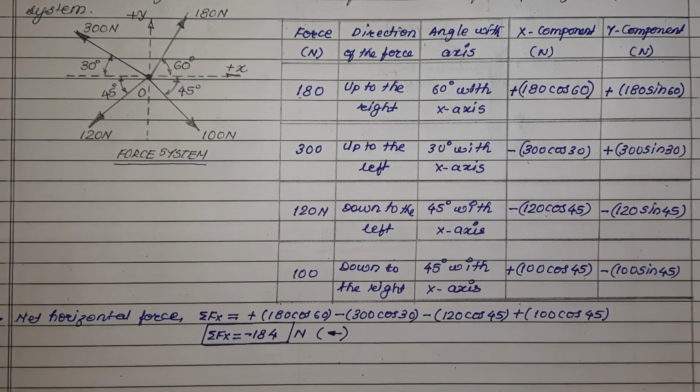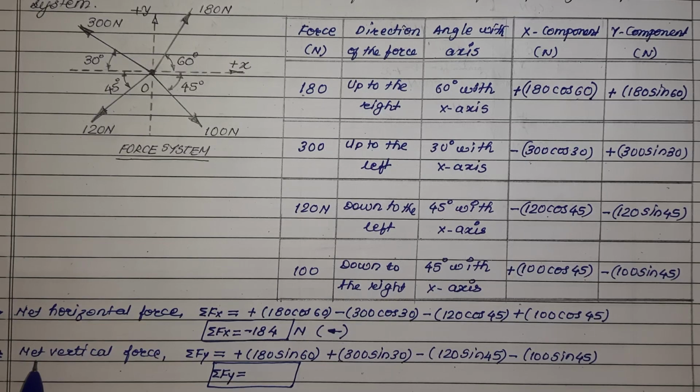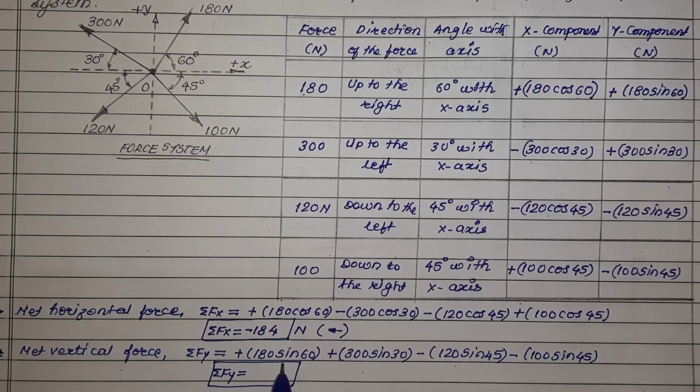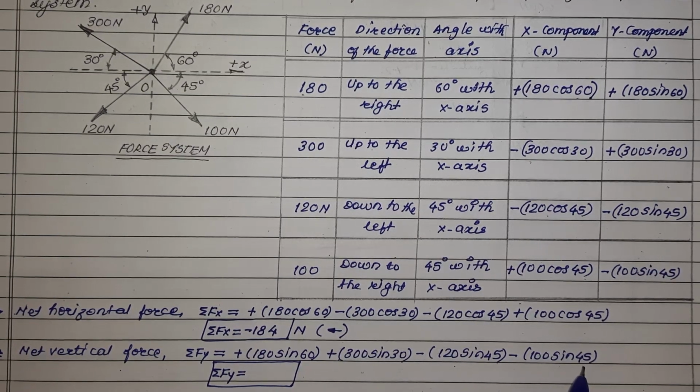In the same way, we will find out net vertical force. Thus, net vertical force summation Fy is equal to positive 180 sin 60, positive 300 sin 30, negative 120 sin 45, negative 100 sin 45.